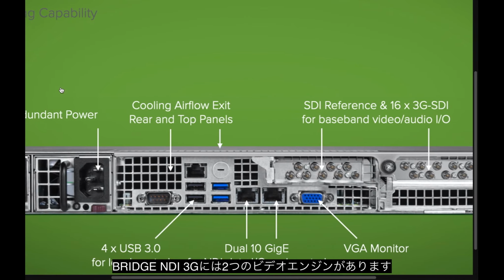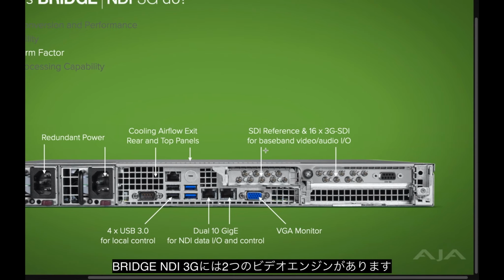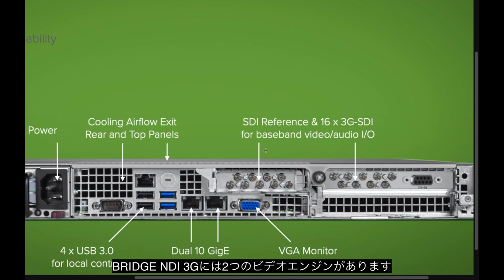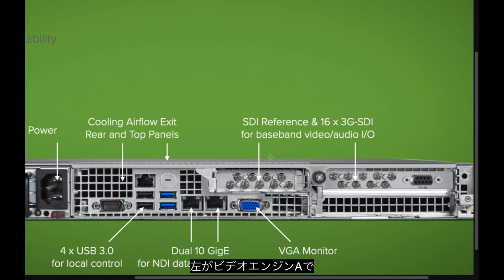So Bridge NDI 3G has two video engines. As you follow my cursor, this is video engine A, and this is video engine B. Each engine consists of 8 3G SDI bidirectional I/O ports for receiving incoming SDI feed to encode it to NDI, and vice versa.